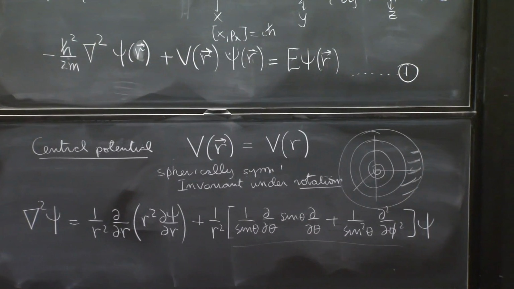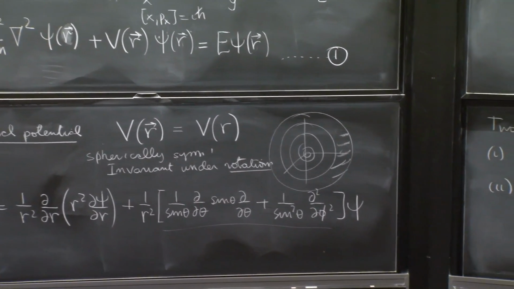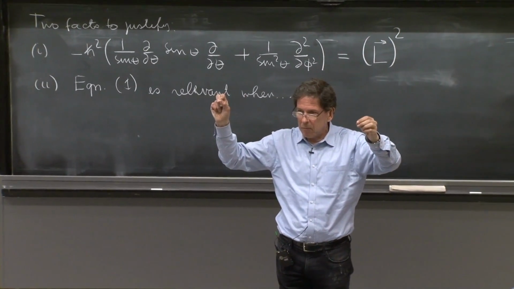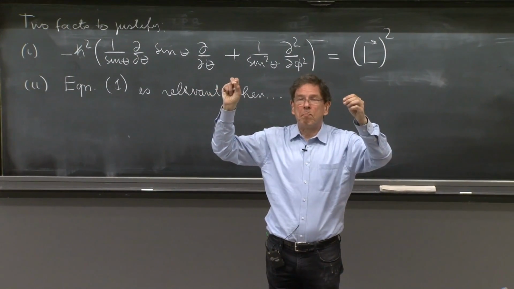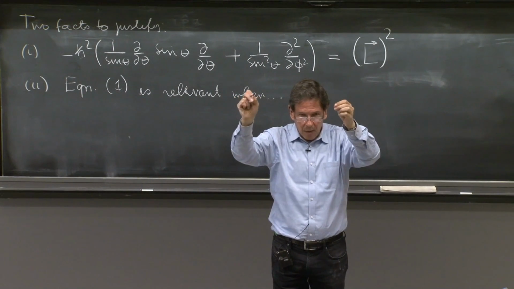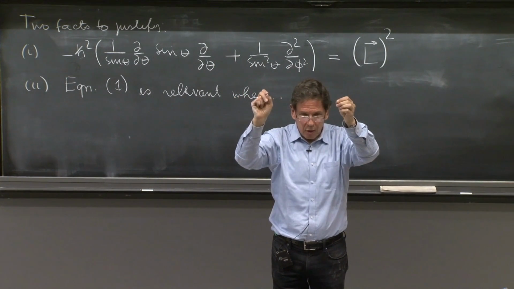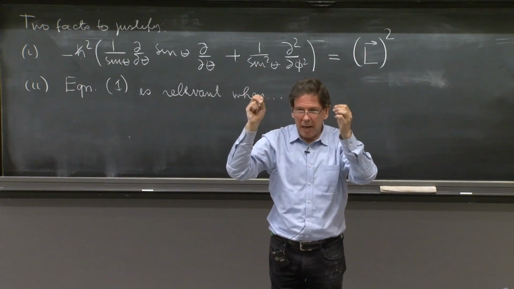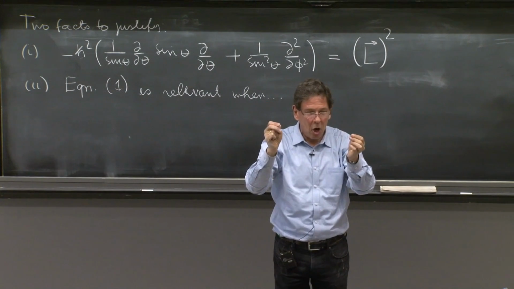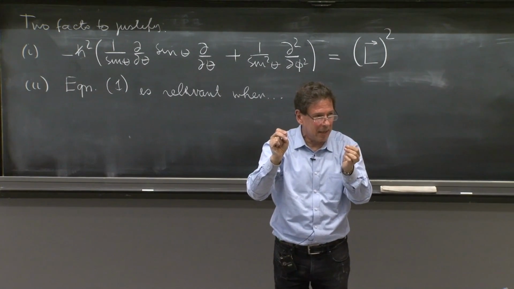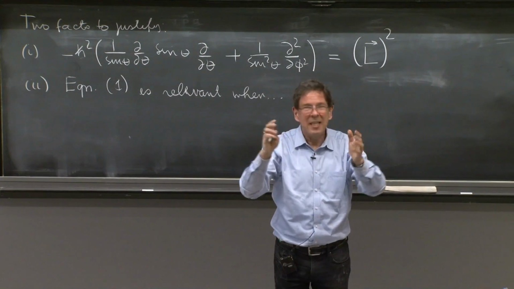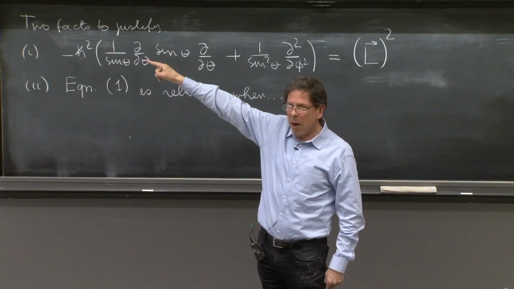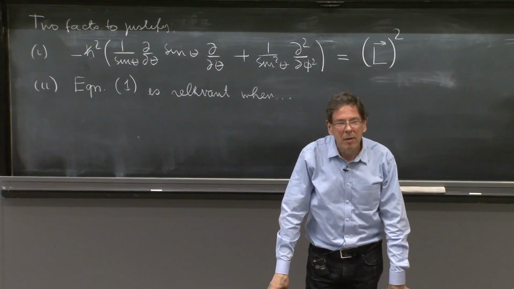It turns out that it's relevant under more general circumstances. If you have two particles, you have a potential energy between them, maybe it's electromagnetic. If the potential energy just depends on the distance that separates them, this two-body problem can be reduced to a one-body problem of this form.